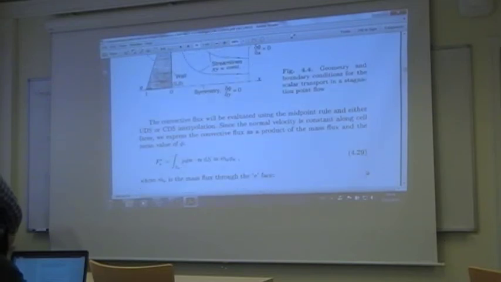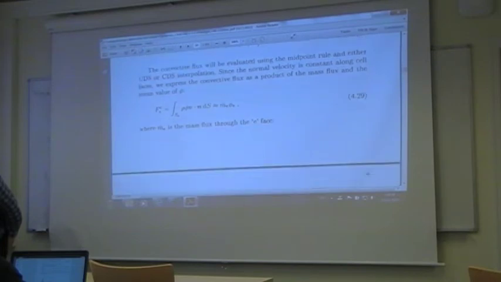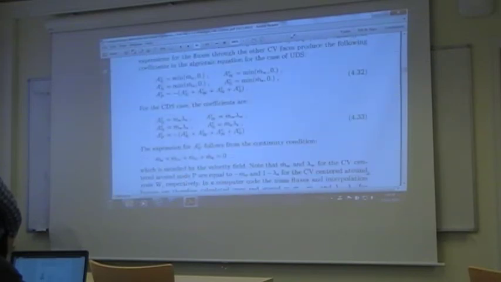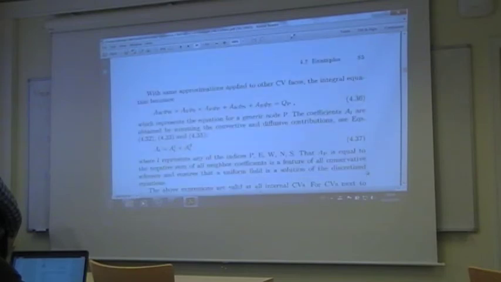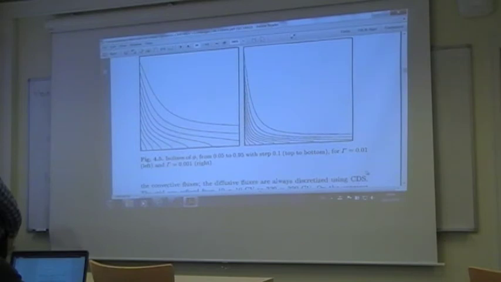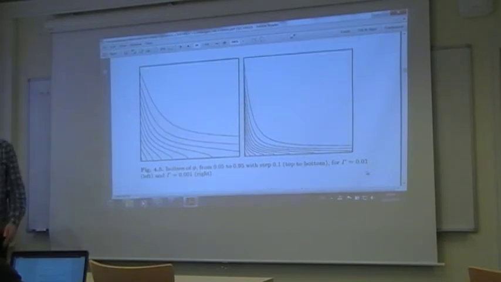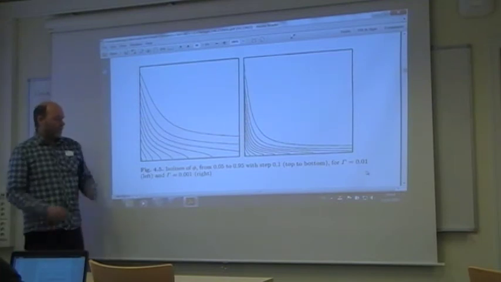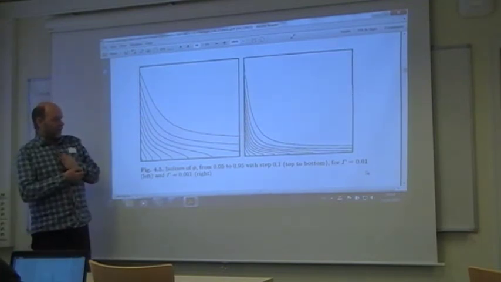And then we play around with both UDS and CDS schemes. Here you have the code of the recipe written out in detail. And here is what we should get in the end. We will have a concentration here, isolines for constant phi, now ranging from 0 to 1.